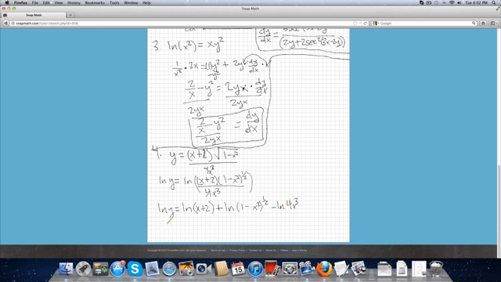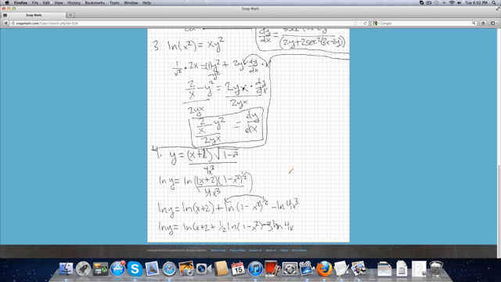So with our log rules we can do that, and then natural log of y. There's one more thing. We can bring this exponent down in front right here. So now it's the natural log of x plus 2 plus 1/2 natural log of 1 minus x squared minus the natural log of 4x. And I'm going to bring this 3 down. I'm sorry. It's minus 3 ln 4x.